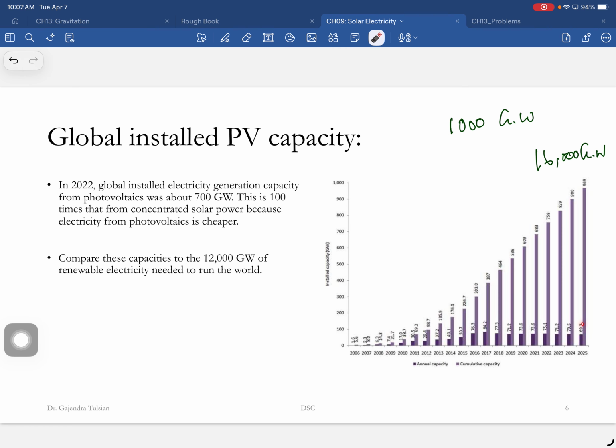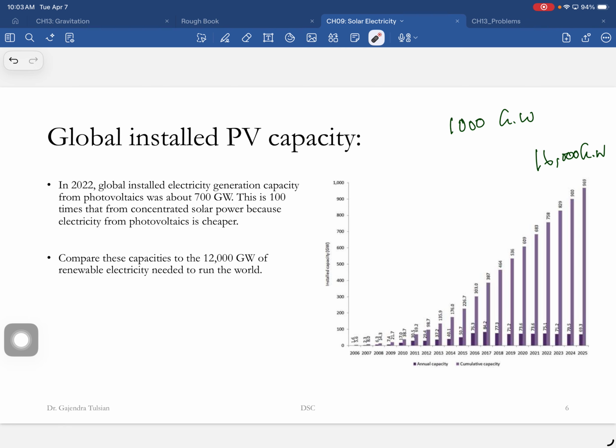So why is that happening? See, the cost per watt of photovoltaic cells has decreased tremendously. Back in the 70s, it used to be $100 a watt, and only NASA could afford it for their space flights and satellites, where they would install solar panels to produce electricity.